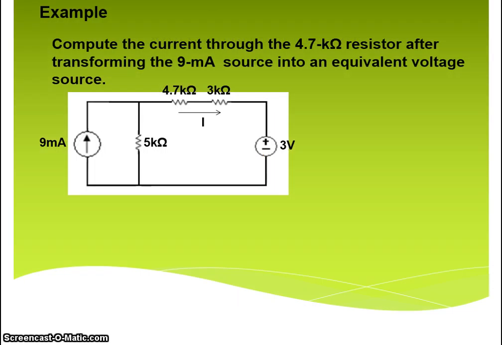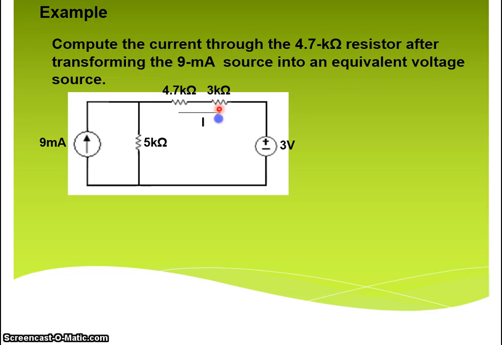Let us have a look at one example. You are given a problem. A circuit is given and you are asked to compute the current through the 4.7 kilo ohm resistor, which is here, after transforming the 9 milliampere source, which is this one, into an equivalent voltage source.